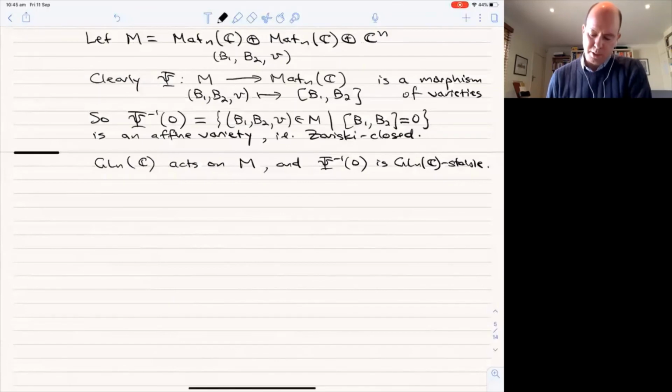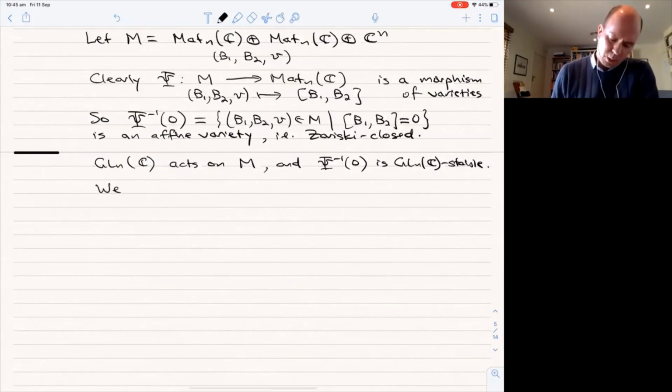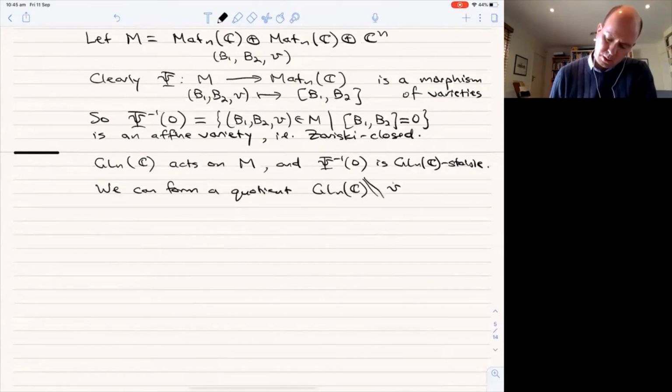So maybe I should have said that the entries of the map psi are all invariant functions on M for the action of GLN(C). So we have an action of GLN(C) on this affine variety as well, and we could form a quotient of this affine variety by GLN(C) in the sense of algebraic geometry, which is usually written with a double quotient sign.